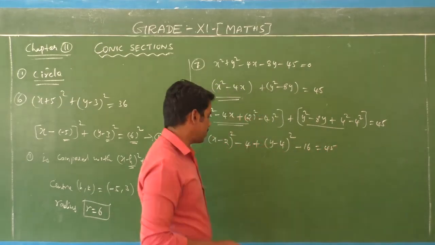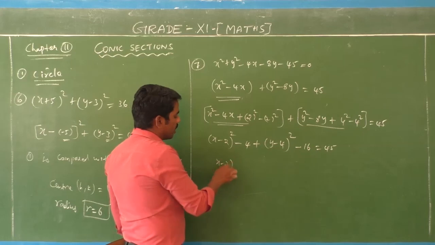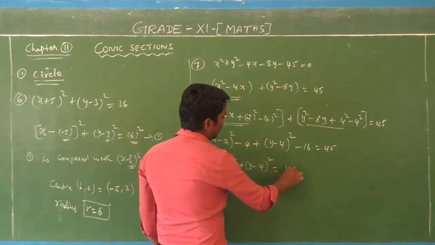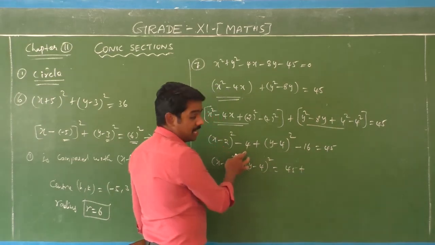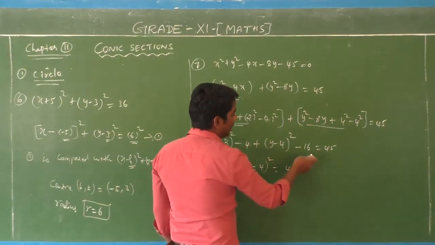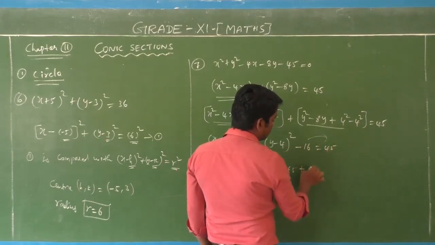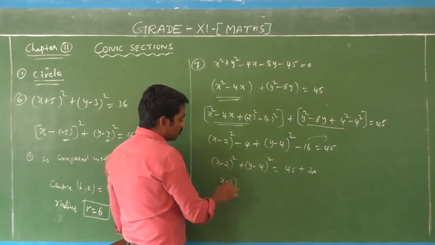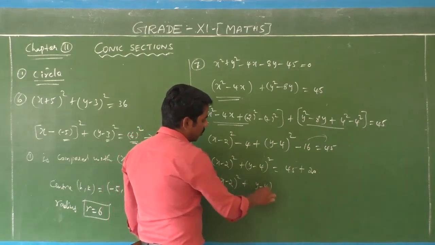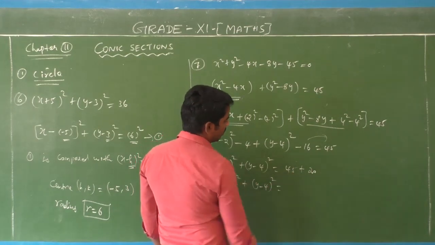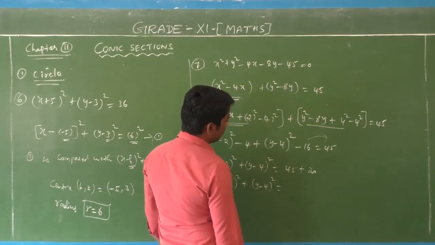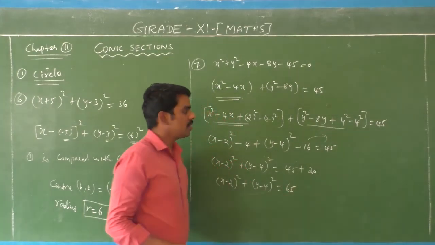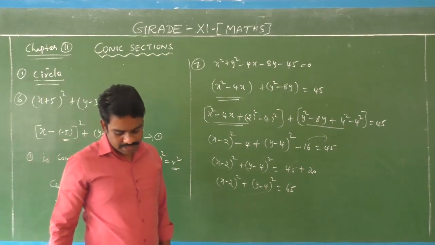So (x minus 2) the whole square plus (y minus 4) the whole square equal to 45 plus 4 plus 16, that is 45 plus 20, which is 65.